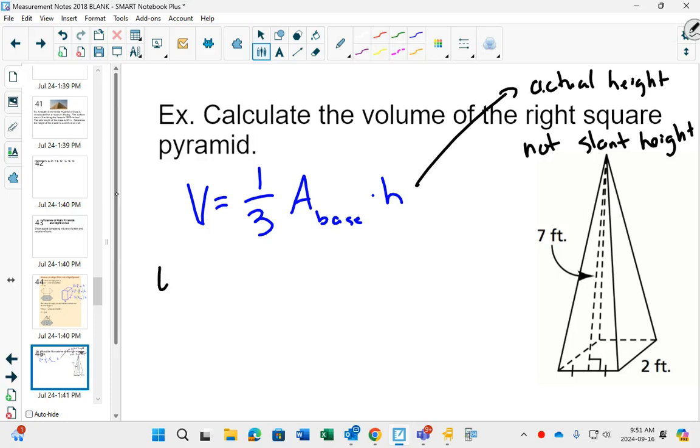So we need to find the height. I'm going to write height in green because the height is from the top to the center, that green dotted line.